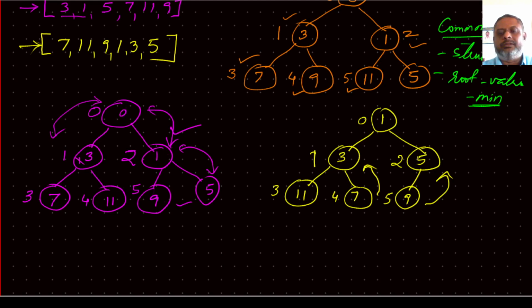So we have this. And in case of this one, if we try to add a 0, then one swap is required here, one swap is required here. So we have the new one looking like 0 here, 1 here, 5 here.